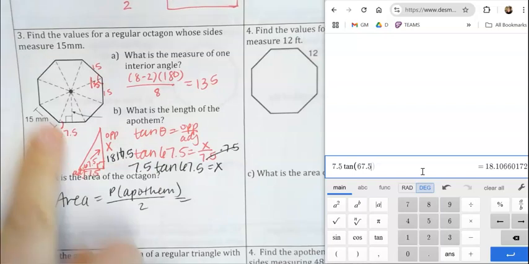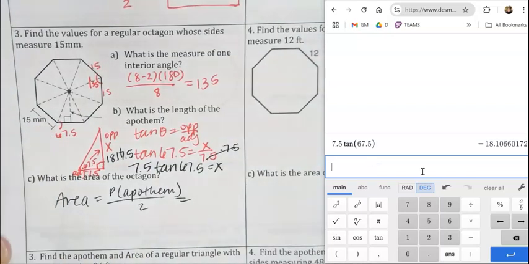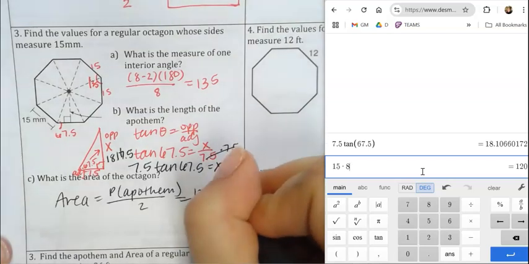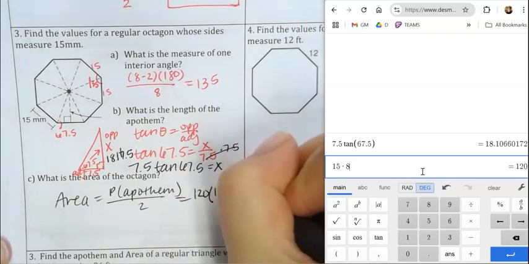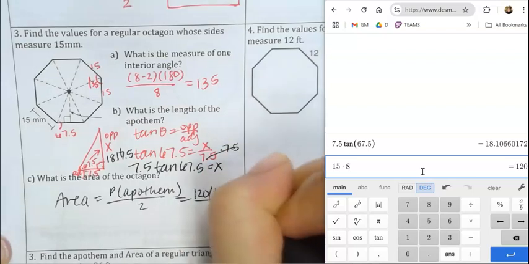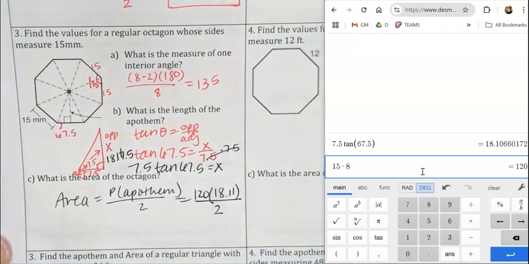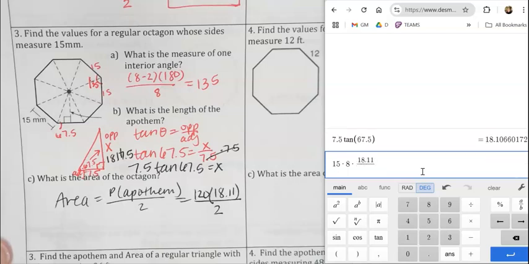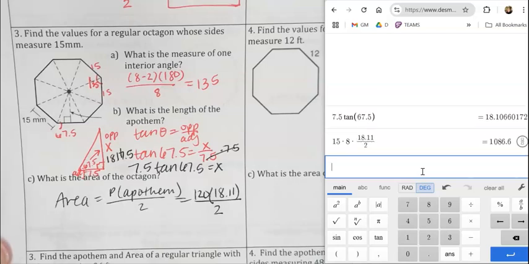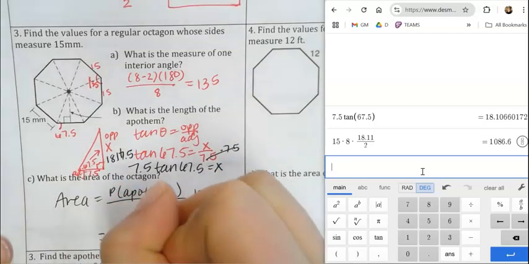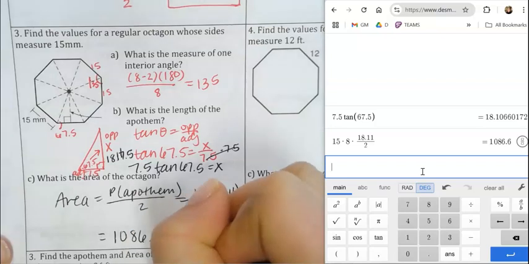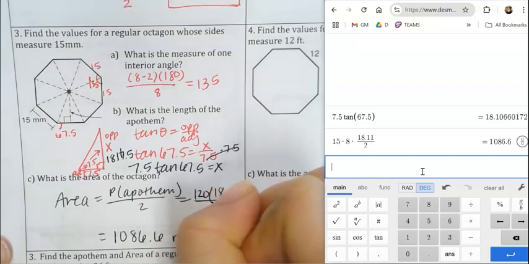So I have 15 times 8 is going to be my perimeter. That's 120 times my apothem, 18.11, divided by 2. Should be 1086.6 millimeters squared.